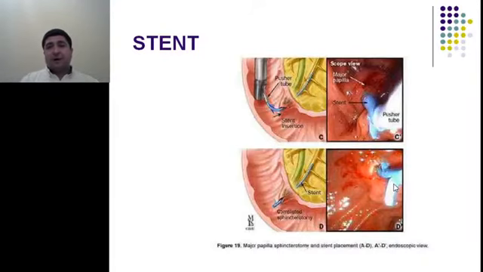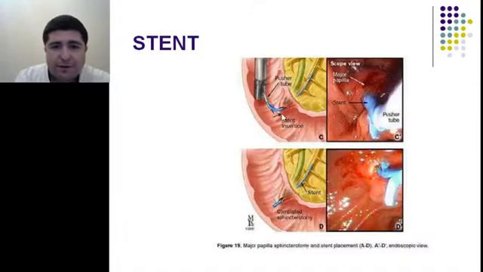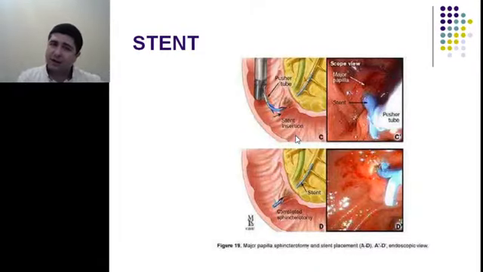Usually we enter the stent by ERCP. Yes, same procedure by ERCP, by duodenoscope. We enter a special catheter, this is it, which has a stent inside. We enter the common bile duct, switch on X-ray, and by X-ray control and by eye control by endoscope, we enter the stent inside the common bile duct.